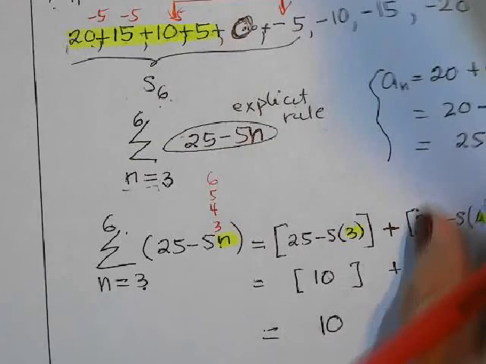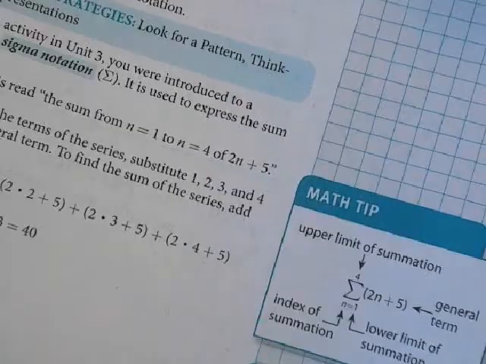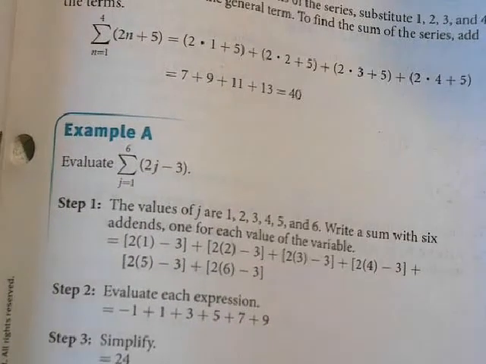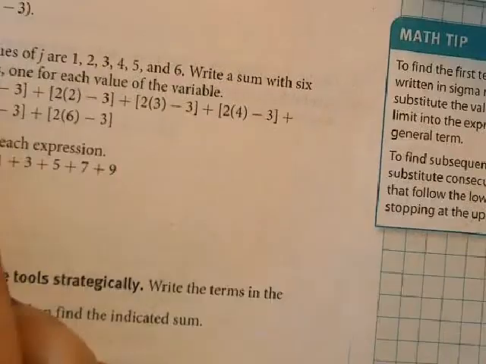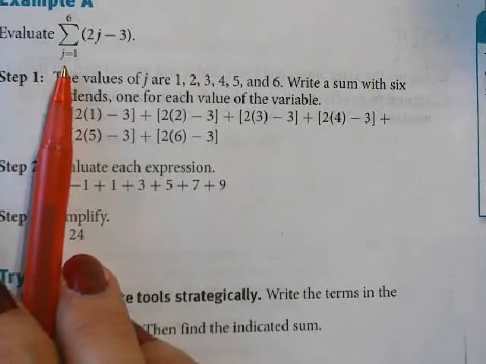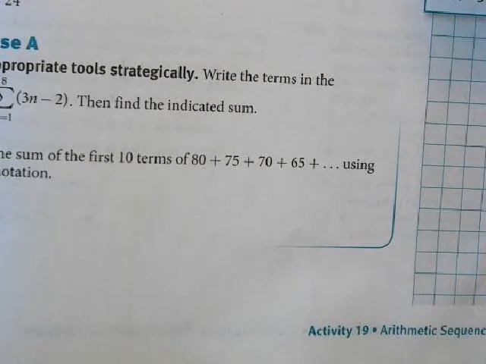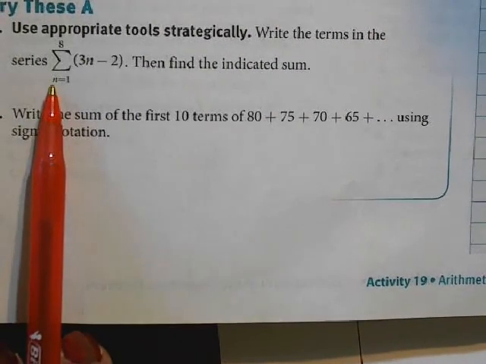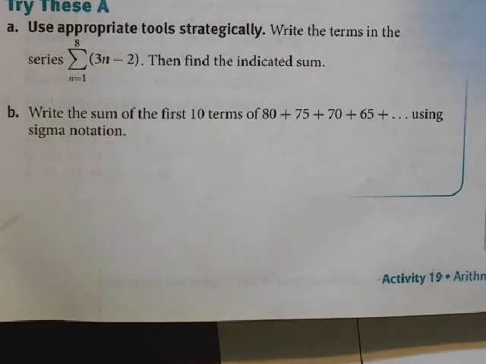So it says write the terms in the series. Okay, so evaluate this, write the terms in the series, or this example. You can also practice that example A. So can you just try to do this one here, evaluate this, and I'll see you on the next video.